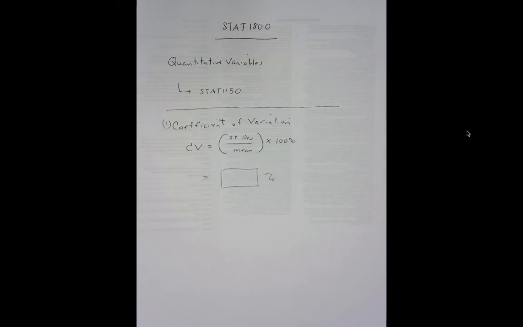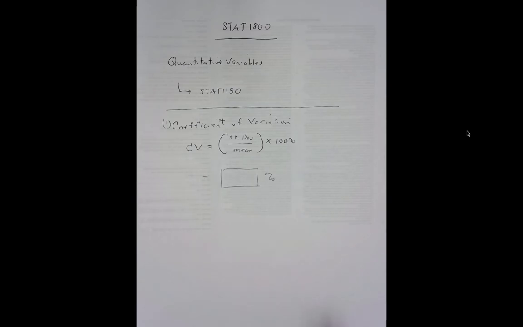Presented as a percentage, but it's also kind of useful, or at least I can see potential uses for using it to compare scores across distributions, maybe distributions that use different units. Maybe one is in feet and something else is in pounds.